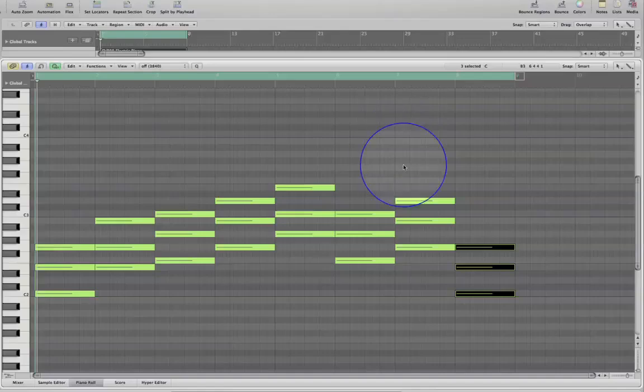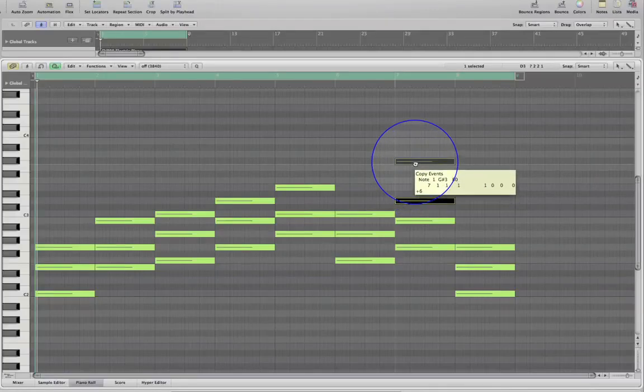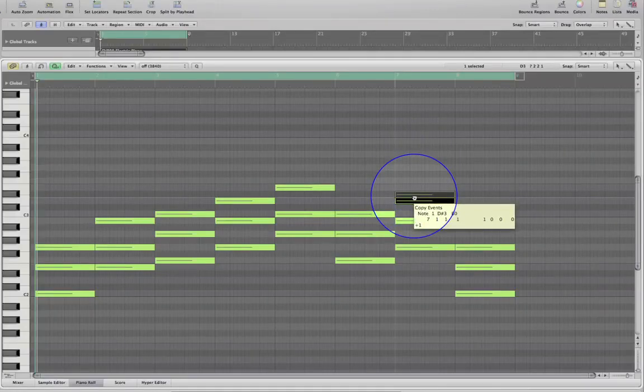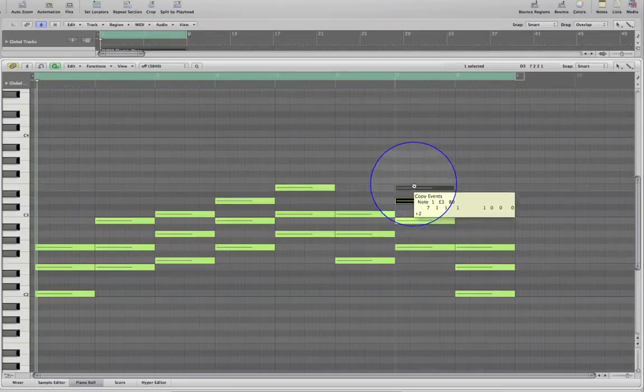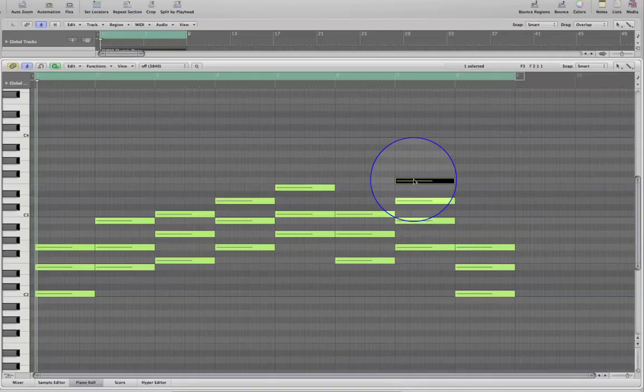Now, the simplest thing to do here was say, well, let's add the seventh to this note here. I can't remember working in major and minor key now.